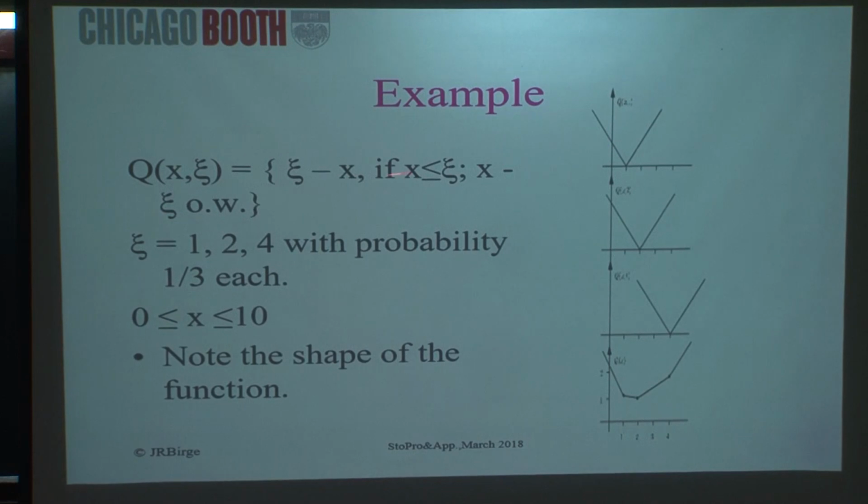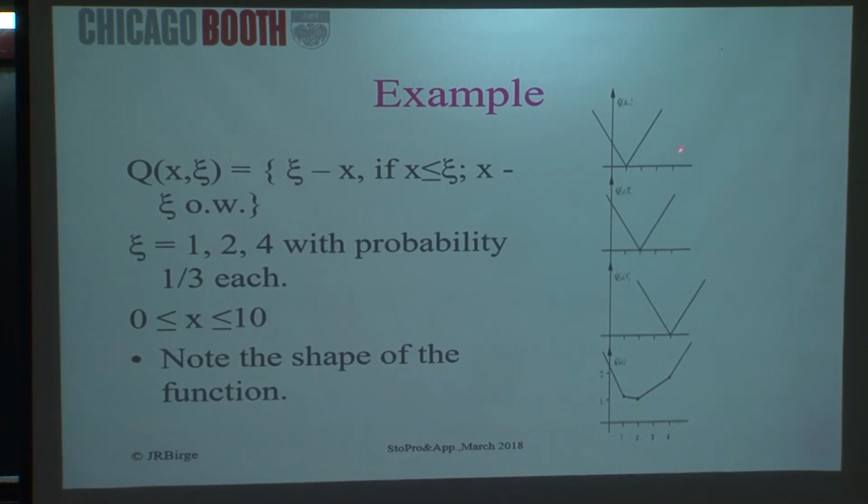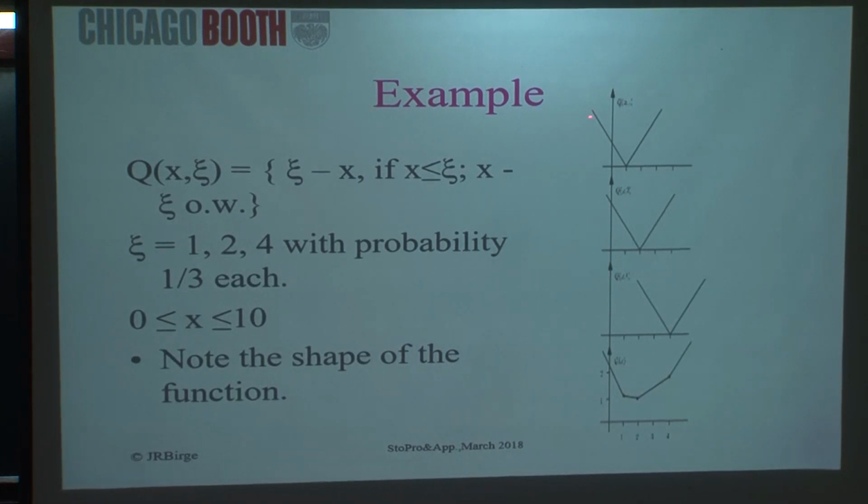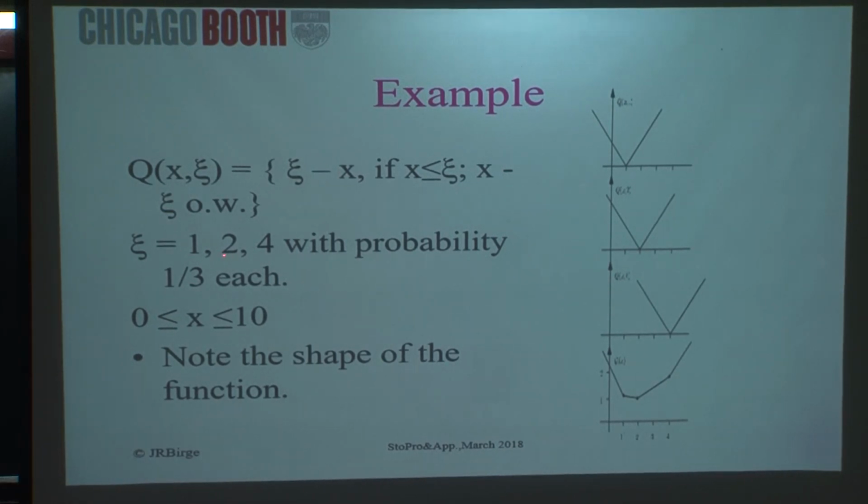You can think of it as something like this. These are the different scenarios, 1, 2, and 3. The value I get from each scenario is the absolute value of x minus xc, shown as a function of x. If c is 1, the absolute value of x minus 1 is this function. If c is 2, it's this function.